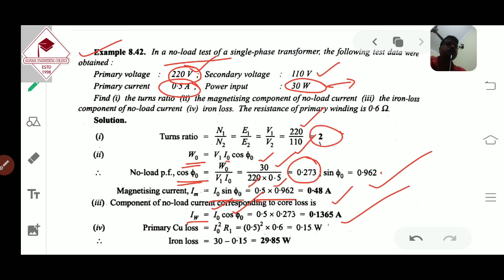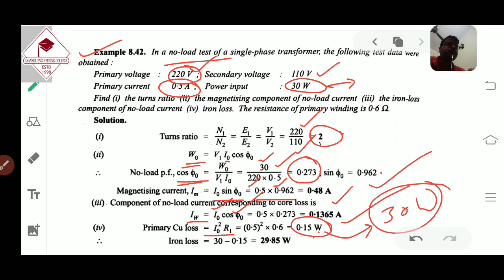Now primary copper loss will be equal to I naught square R1. So put this value 0.5 square into 0.6, so you will get 0.15 watt. See, this copper loss is very low with respect to this core loss, that is 30 watt. So with respect to this it is very low, so that is why we can neglect this one, fine.